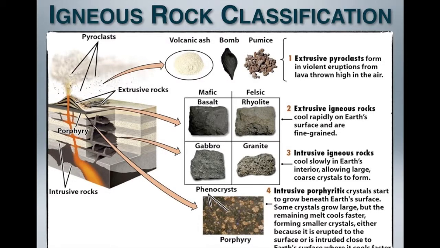We also can get an intrusive porphyritic system, which is where we have large crystals in a smaller matrix. So a matrix, when we talk about minerals and rocks, is the fine-grained material that you can't see as well with the naked eye to identify what it is, but it has a larger grain system encapsulated or captured in it.